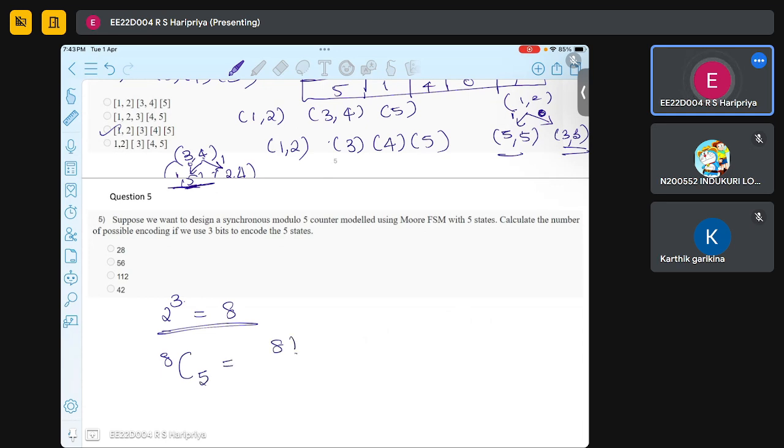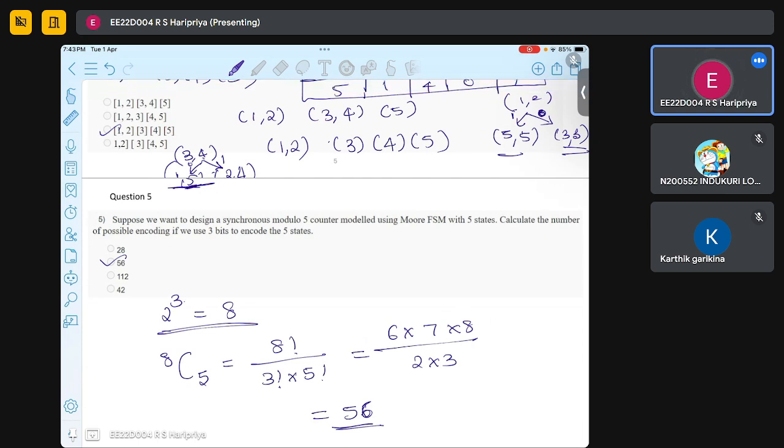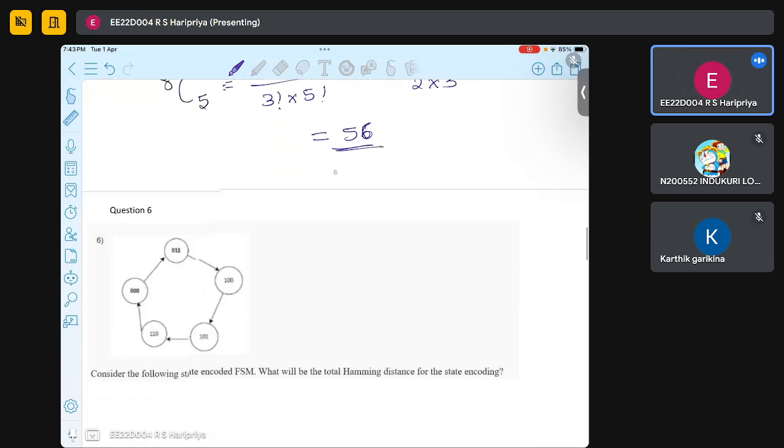This will be 8 factorial divided by 3 factorial into 5 factorial, which is nothing but 6, 7, and 8 divided by 2 into 3, which is 1. Fine, going to the next question.